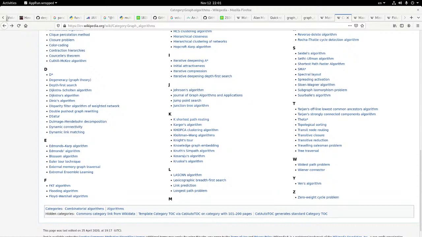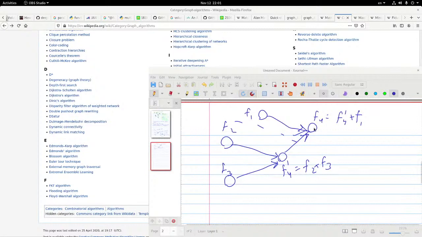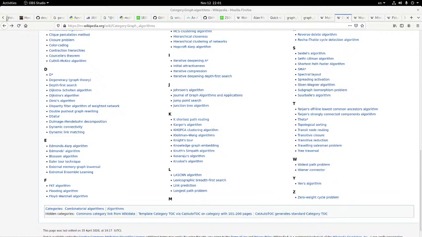These nodes right here. Oh, I realize the thing cannot be seen. What if I start with these nodes and then I work my way back? Can I reason about that somehow? Can I reason about what those nodes should be? I don't know if I can.